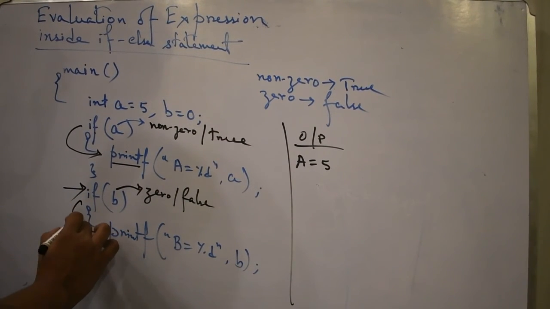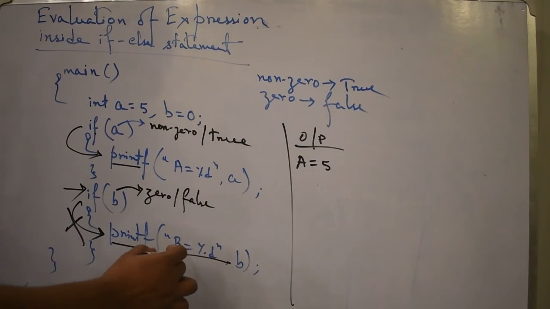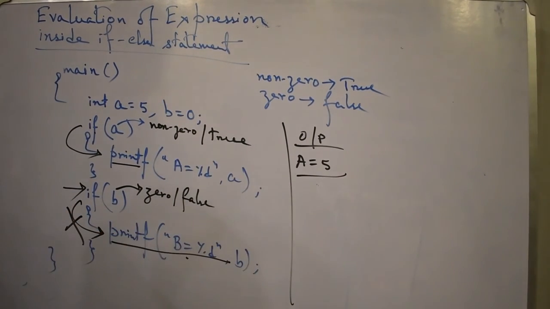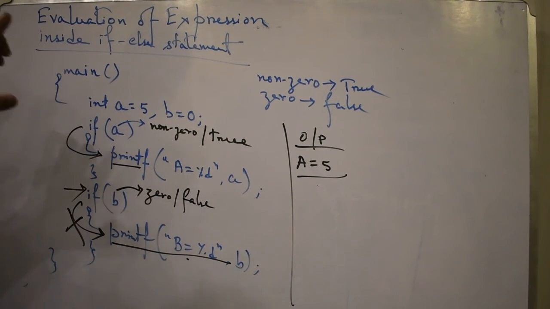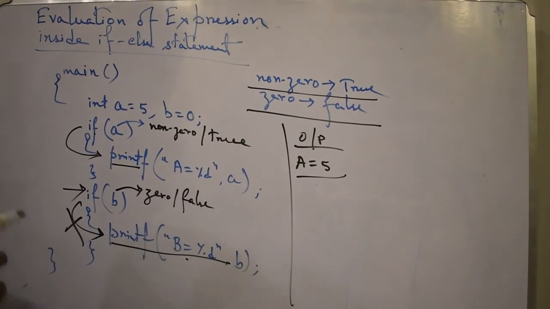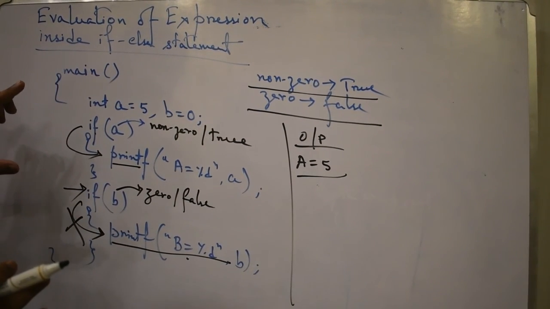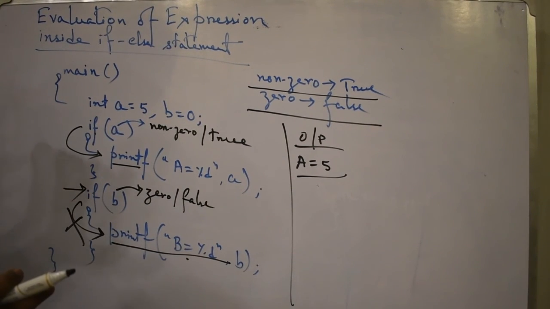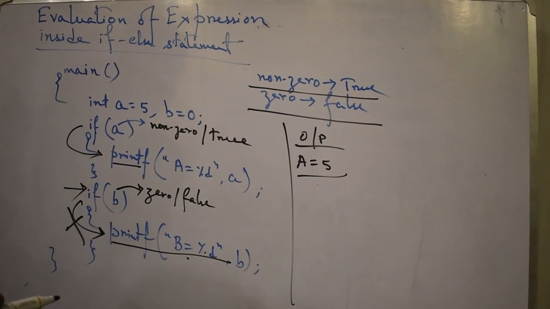This line will not be printed. So the only output will be a equals 5. Understand this example first. You will understand how C will work, how C will understand whether the condition is true or not. This is how the C compiler understands based on zero or non-zero value. Zero value is false, non-zero value is true.